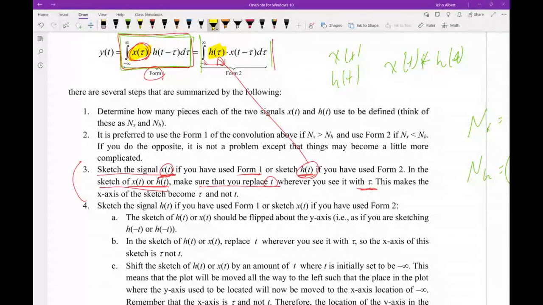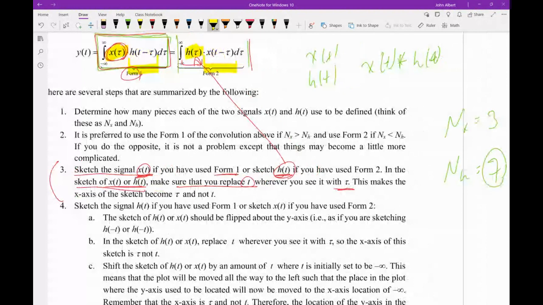What remains, if we're using form 1, now we have to work with this. Or if we're using form 2, we have to work with this. So now comes the time for either plotting h or plotting x, depending on which form we have. I'm saying the following. I want you now to sketch under the first sketch, not to the side of it. Trust me.